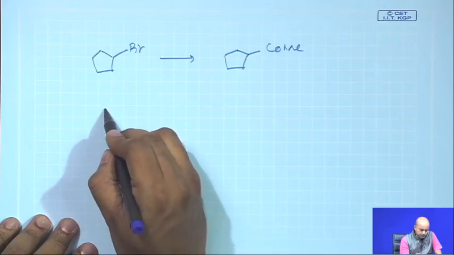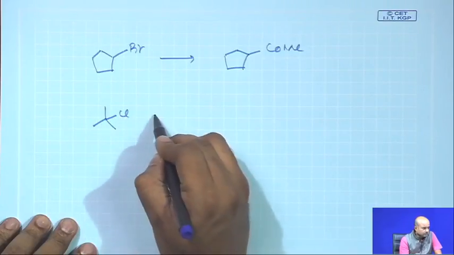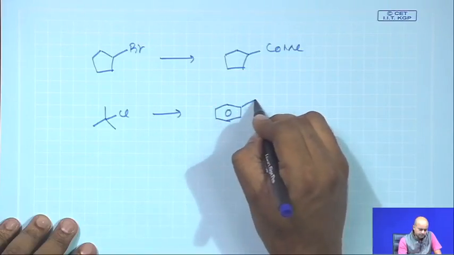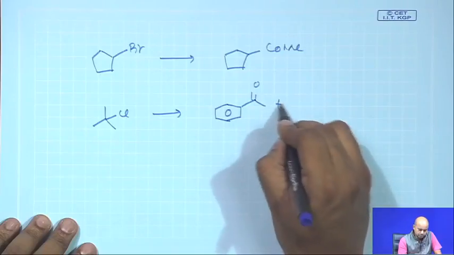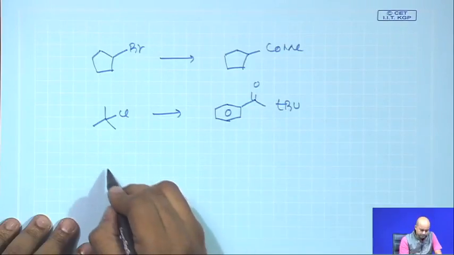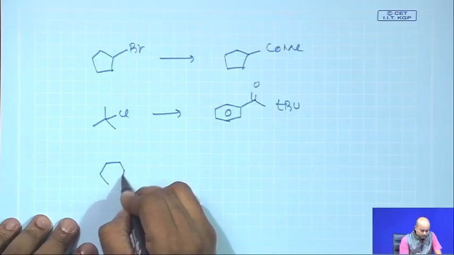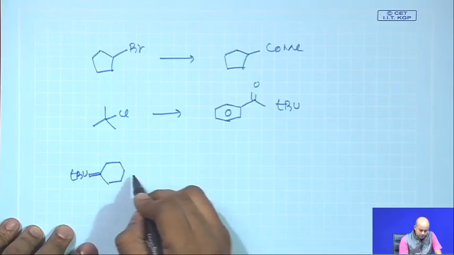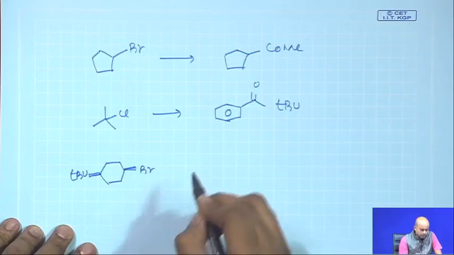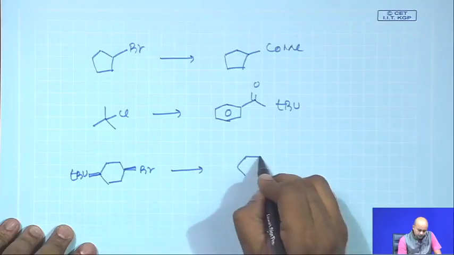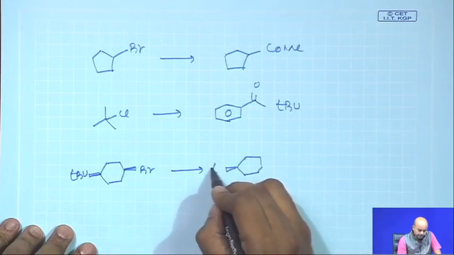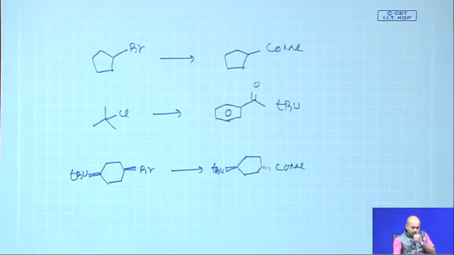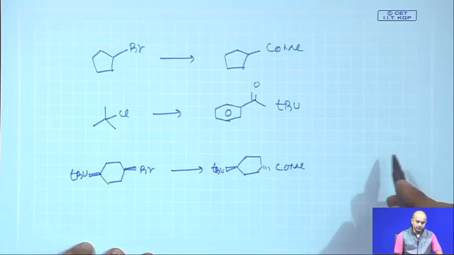The first one is simple, the second one I am giving you is this one, the third one has the tertiary butyl and the bromide, which has been converted to the corresponding t-Bu COMe. Now, if we analyze, all the problems are basically based on synthetic equivalents.